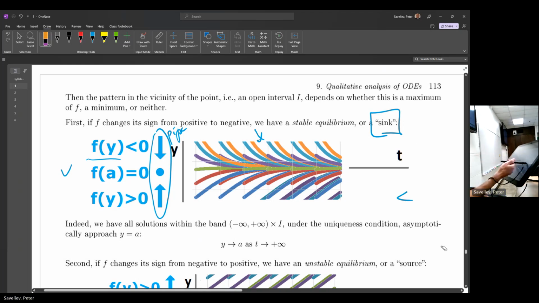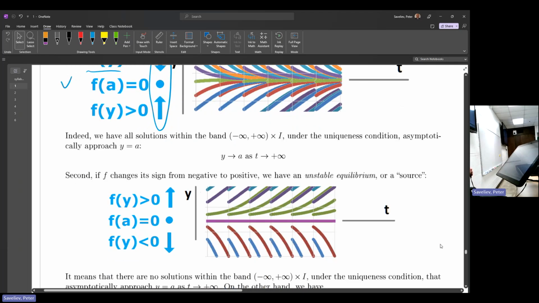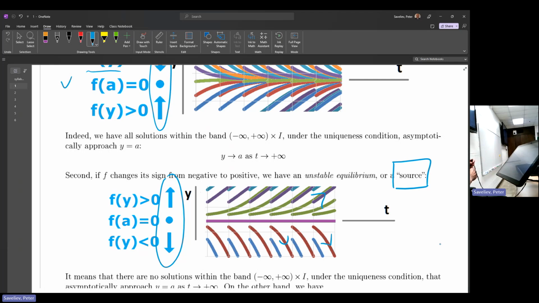No, wait a minute. The second possibility is this. Positive above, negative below, which means that it falls away from it. So once again, this is my pipe, and everything goes away, and then we call it the source. Once again, not literally, because no liquid leaves that spot because of the uniqueness.